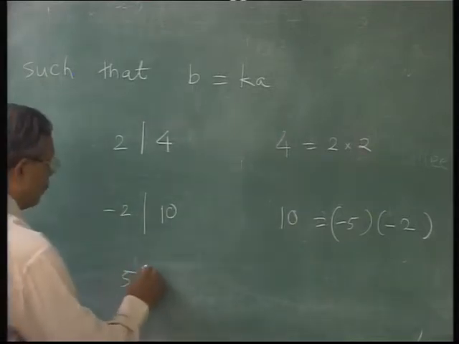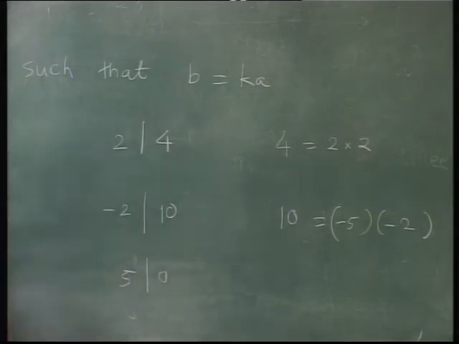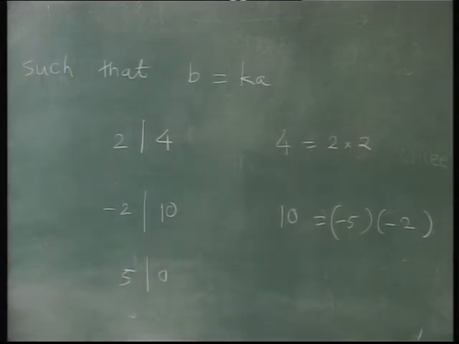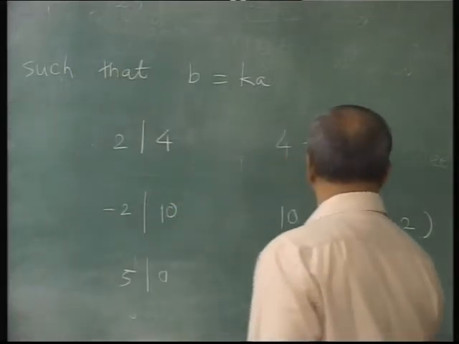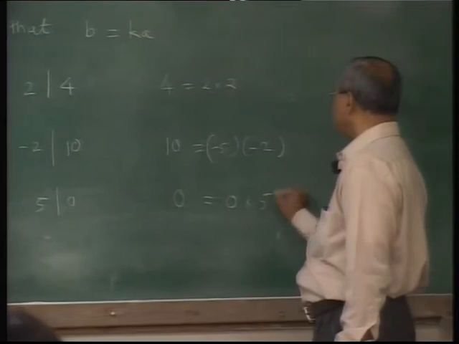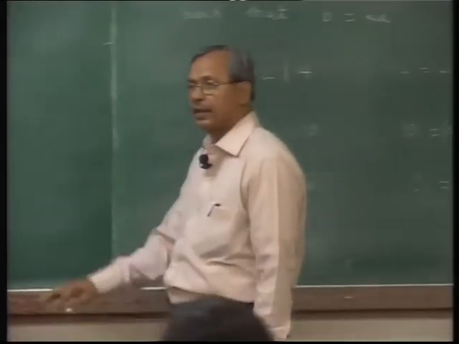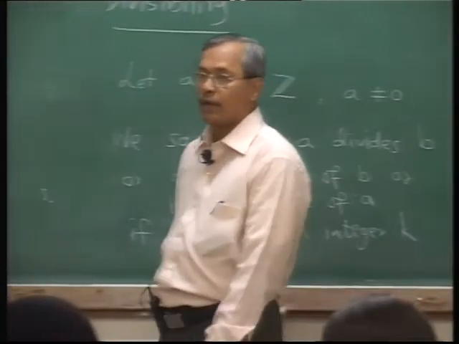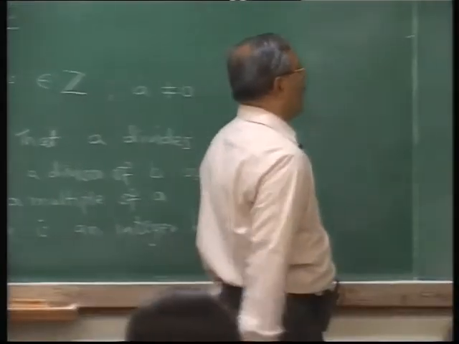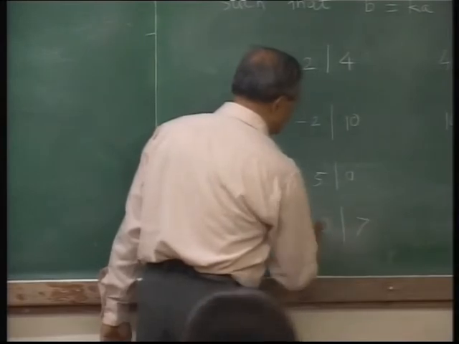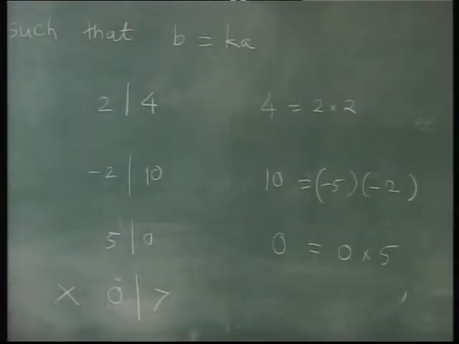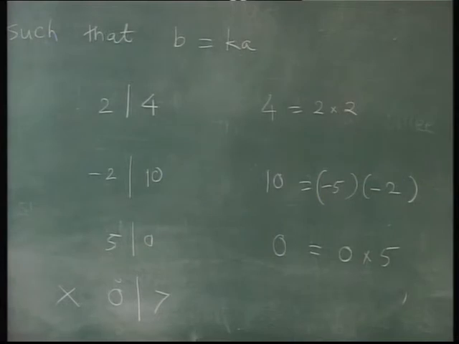5 divides 0. Can I say that? Yes, 0 is equal to 0 times 5. So I can say 5 divides 0. I cannot say 0 divides 7. Such a thing we don't say. That is, we do not define divisibility by 0.